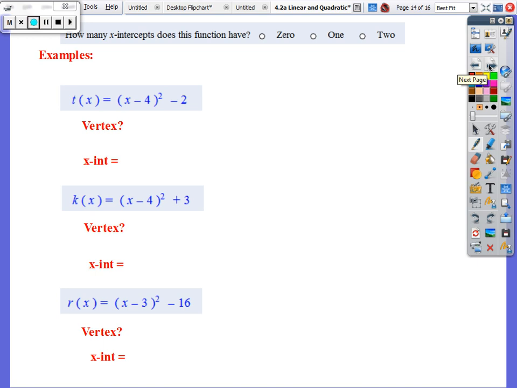Now I'm going to help you out on how many x-intercepts you have by one more key component that's not really in your section, but it's going to help you, and that is concavity. Now, concavity is the direction the parabola opens. Direction of opening of parabola.